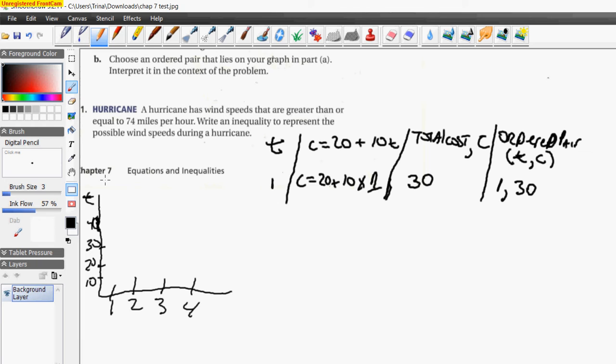Okay, so we know our first cost would be, let's take a look at it and we can see the actual cost of the actual t-shirts.